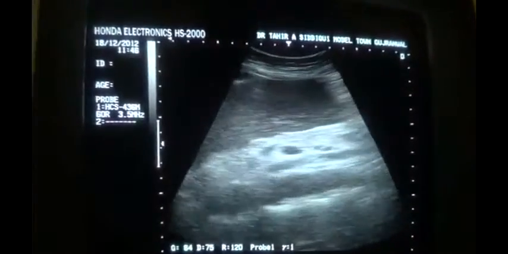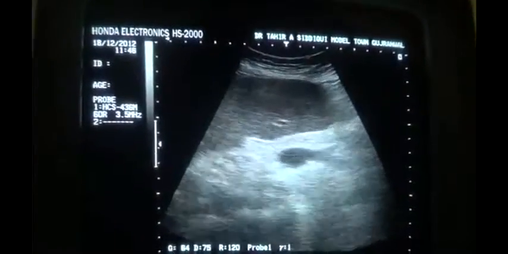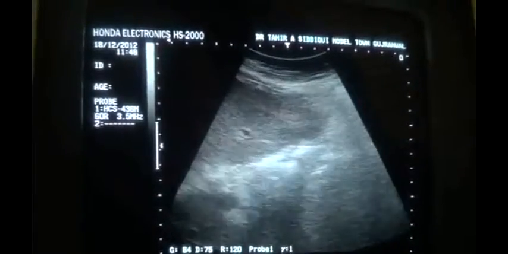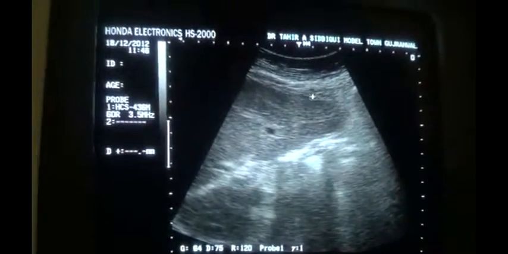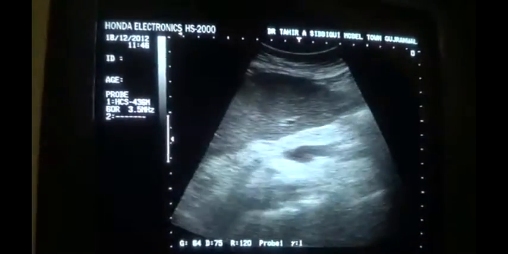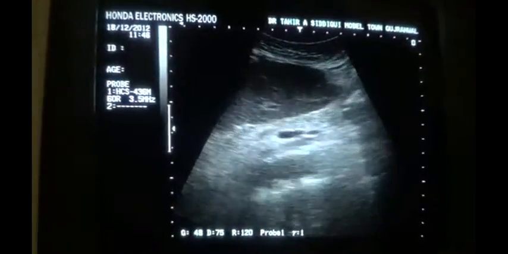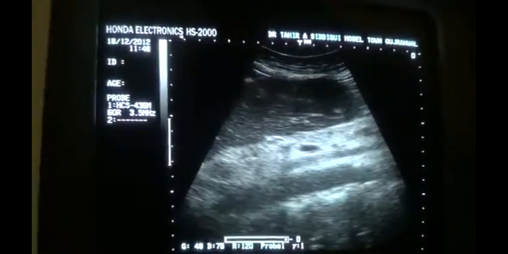and here you can see that the liver has rounded angles, and the left lobe exceeds the origin of the superior mesenteric artery from the aorta.